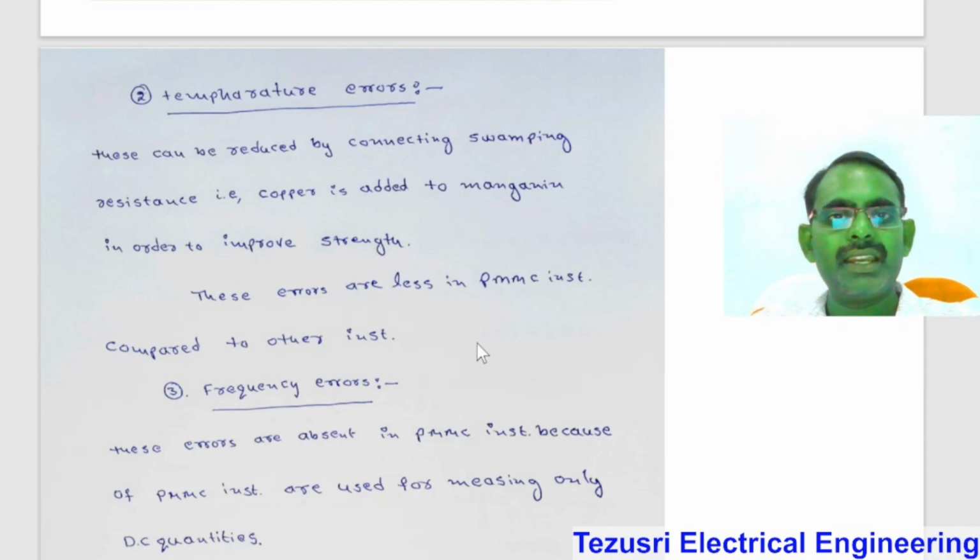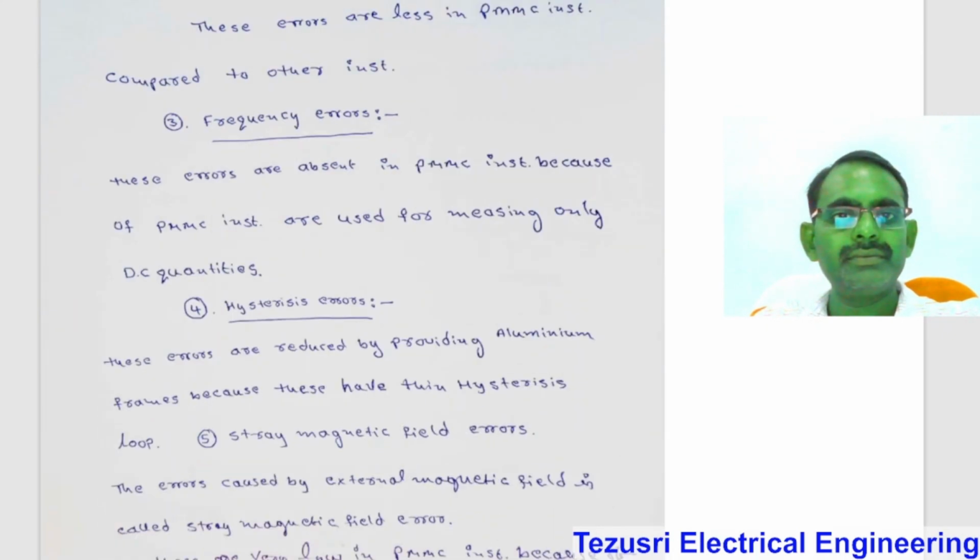These temperature errors are very less in the PMMC instrument compared to the MI and dynamometer type instruments. Next, frequency errors. Generally these instruments are used for DC quantities. Therefore, the frequency errors are absent in the PMMC instrument.